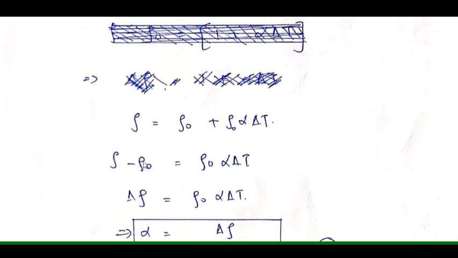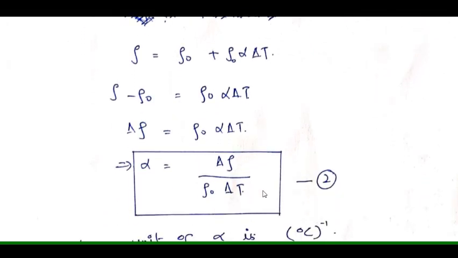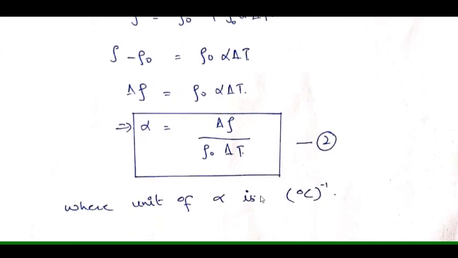That is, rho minus rho naught will give me delta rho, which is equal to rho naught alpha delta T. Dividing by rho naught and delta T to the left hand side, I'll get alpha is equal to delta rho over rho naught delta T. If I write down the units, the unit for delta rho and rho naught will cancel, and I'll get per degree Celsius. So the unit for alpha is per degree Celsius.